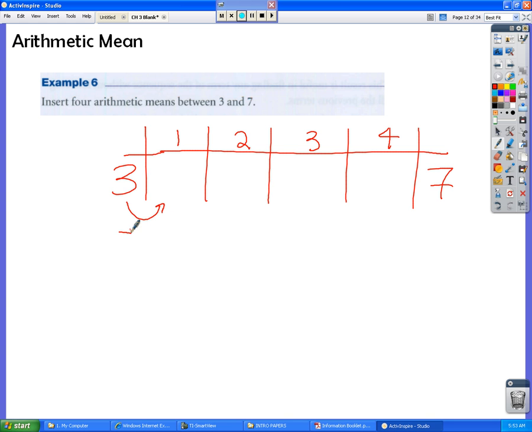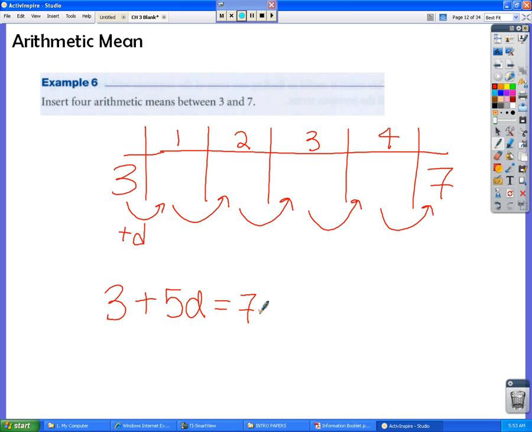So this would be a common difference. I'm just going to use common sense. If I start with the initial value that they gave us, 3, I would be adding 1, 2, 3, 4, 5 common differences to get to 7.